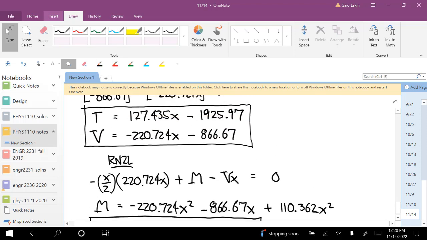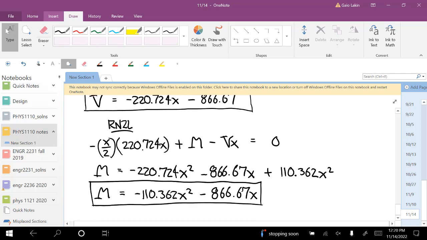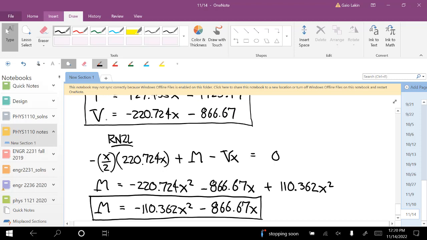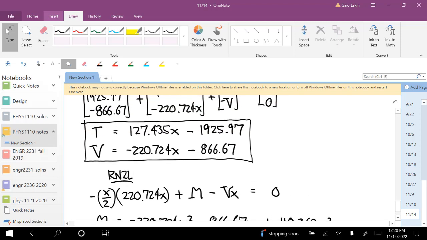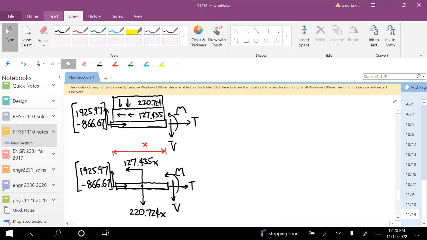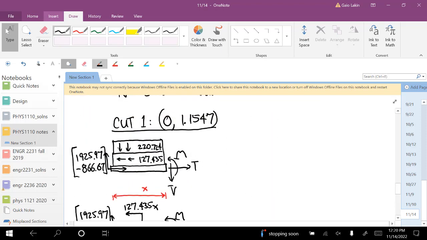You can do your checks now. dM/dx is equal to V, so that's good. dV/dx is equal to, well, negative our downward distributed load, so that's good.